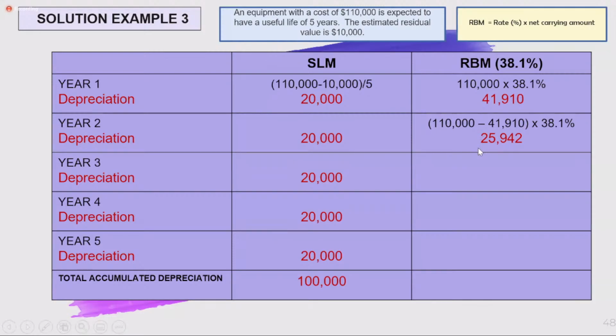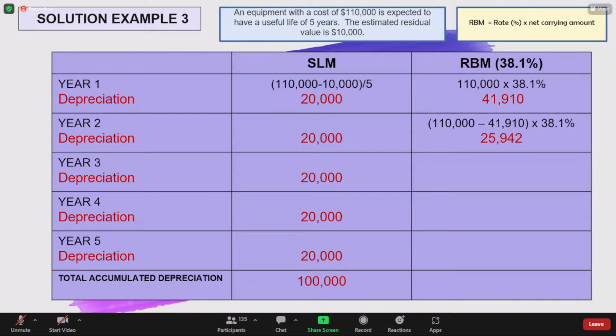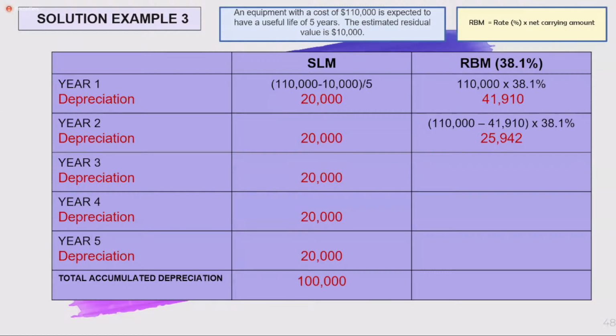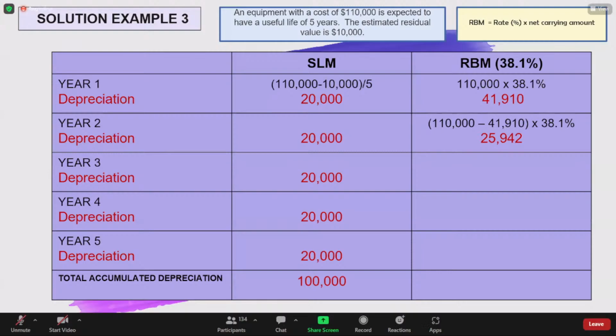Excuse me, madam. For the 110 for the equipment, do we have to minus or less the 10,000 residual value? For the reducing balance method, we don't minus the residual value.